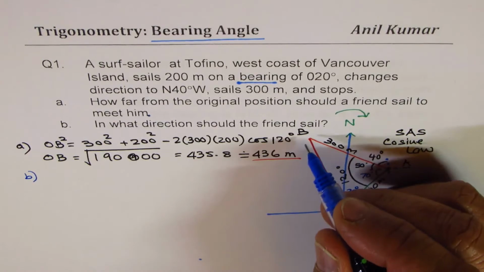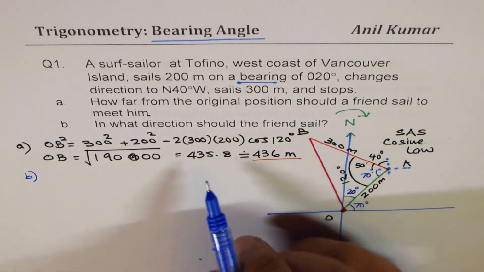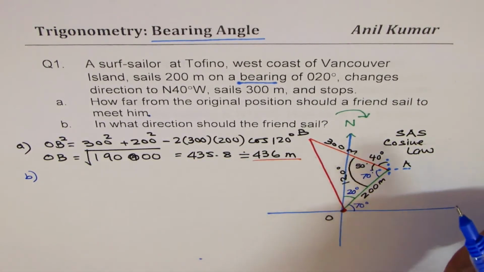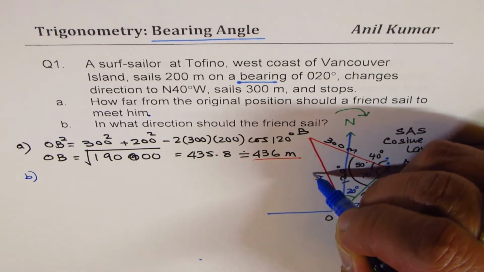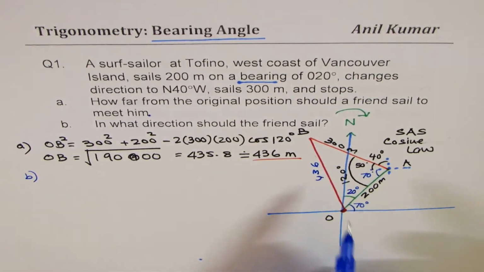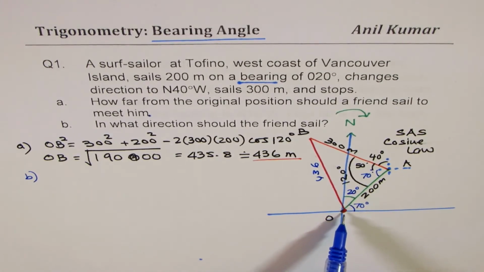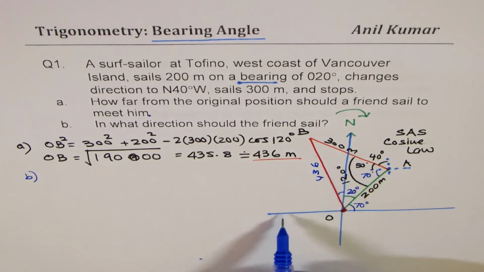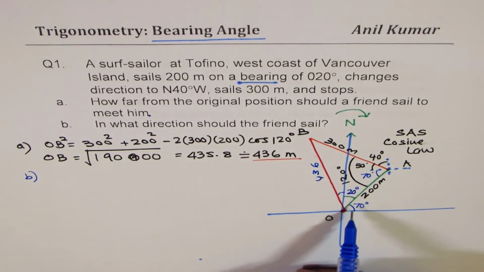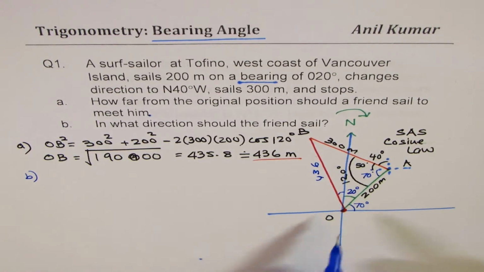Now we know this distance is 435.8, you could use 436, doesn't matter. Since we need to find the angle, it's better to give this angle from the north. So we'll find angle at O, AOB.